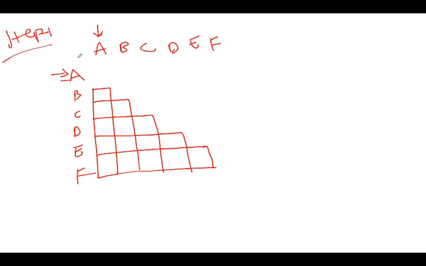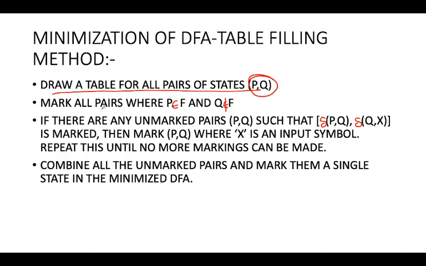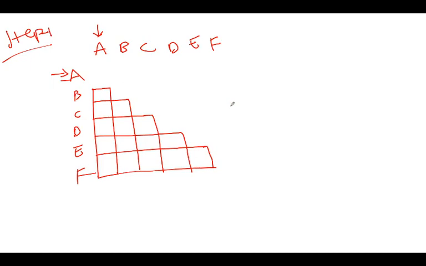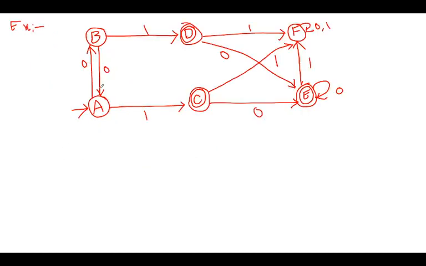Next, step 2: mark all the pairs where P belongs to F, the final state, and Q does not belong to the final state. Let's observe B, A. Here B and A are both non-final states.